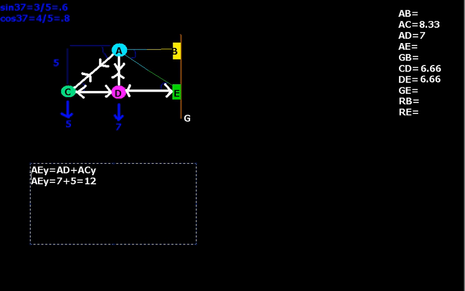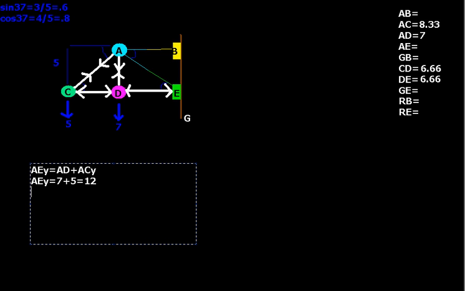But what does this mean? That AE in the y direction equals 12. That means that, remember, if this is the angle, what's the opposite, right? What's the height of this triangle of forces here? Well, now that I think about it, I'm kind of wondering if I could use Pythagorean theorem here. I'm going to test it, but I'm not going to test it in front of you, because that would confuse some of you.